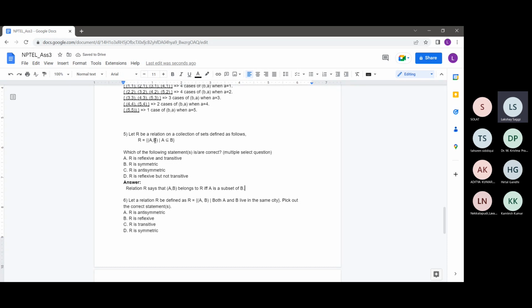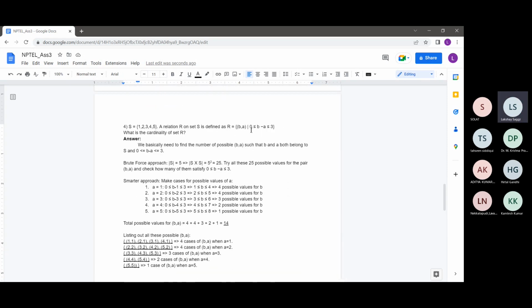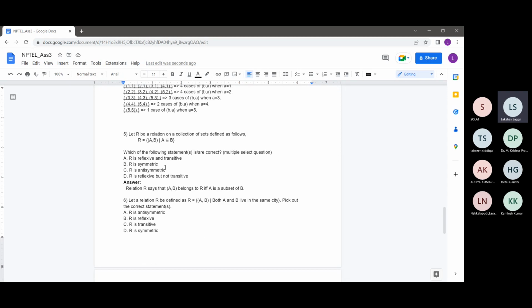I'm just saying that here these capital A and capital B are sets. Here small b and small a were numbers. But similarly, we can define relations over sets also. This can be anything basically.